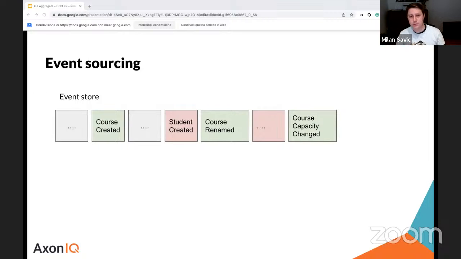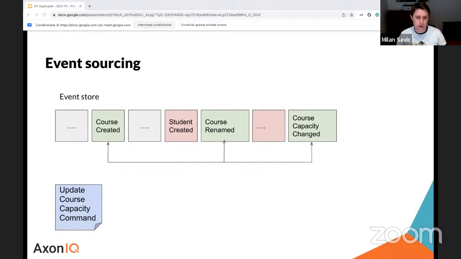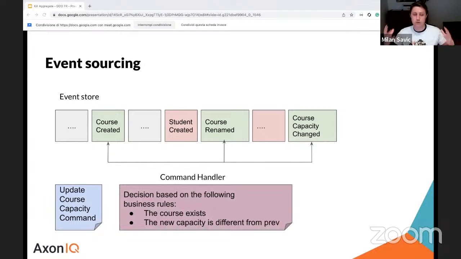Now a command arrives. This command is to update the course capacity. With the aggregate approach, we need to load the course aggregate, and we need to load all those events that were published by that specific aggregate. When we take a look at our decision maker, our command handler, it basically needs to make the decision on the following business rules: the course exists, and the new capacity is different from the previous one.